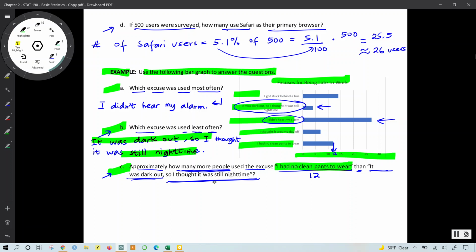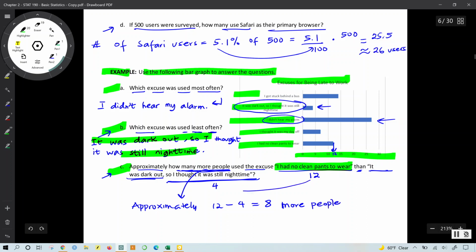That would be approximately 4. So since the question is how many more people, that will be approximately 12 minus 4, which equals 8 more people. This tells the difference between those who use the different excuses.